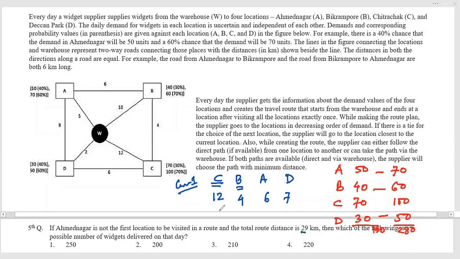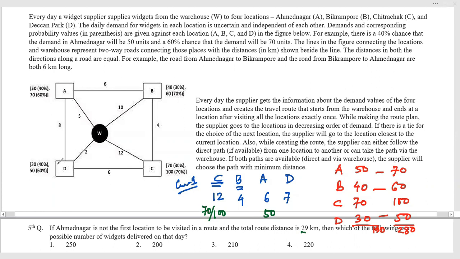C is first. So C can be 70 or 100, anything. A is also fixed: A cannot be 70, it would be 50. Now B and D after C. B can be 40 or 60. D is 30 or 50.